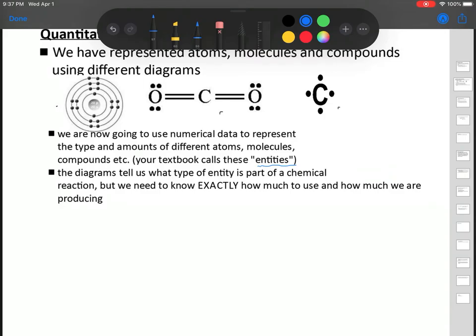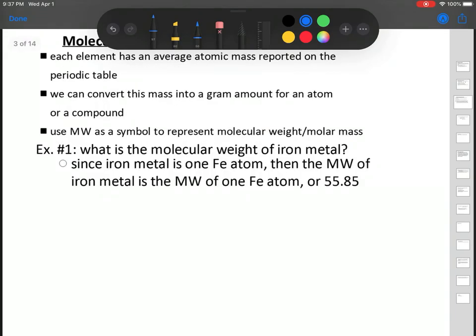So instead of talking about molecules, your textbook is going to be more correct and use the word entity. The diagram tells us what type of entity is part of a chemical reaction. But moving forward, we want to know exactly how much we're using and how much we're producing. That's obviously the next step, much better.